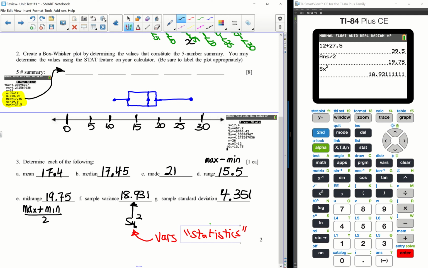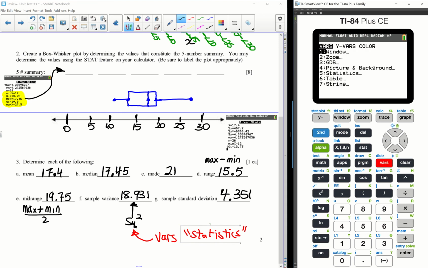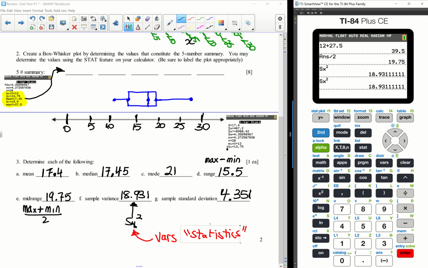You got a 20? And you got the same sample standard deviation? And you did the Sx squared? Oh. Yeah, so vars, statistics, option 3, and then just squared. That's weird. Everything else is the same except for that one?